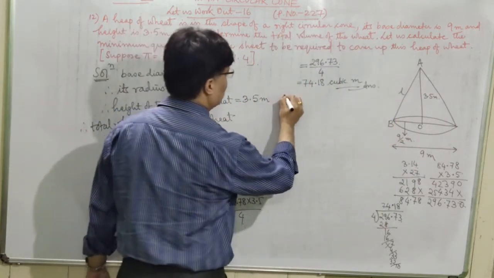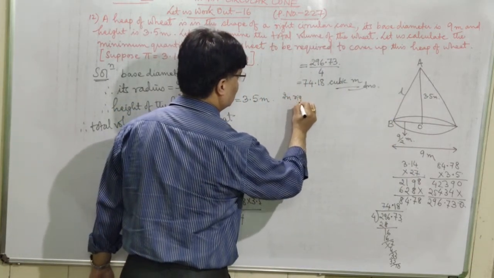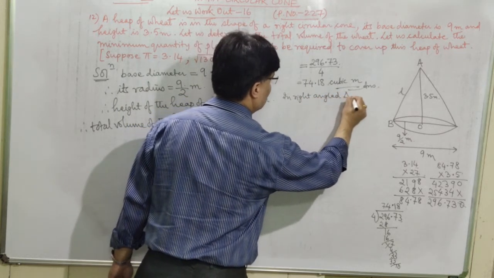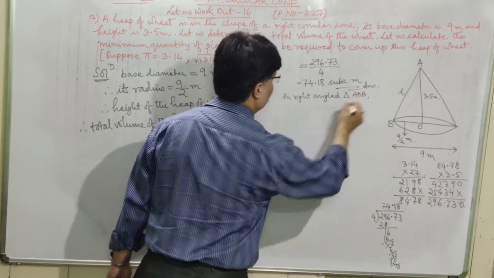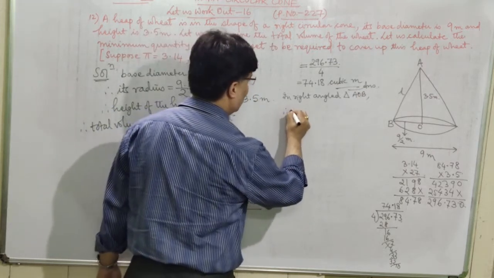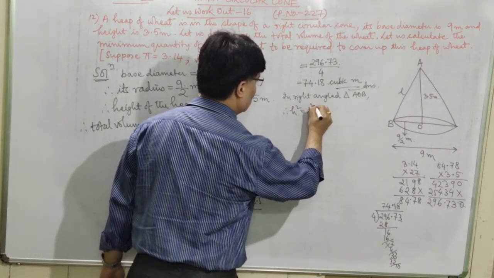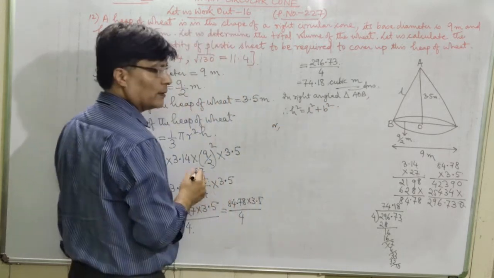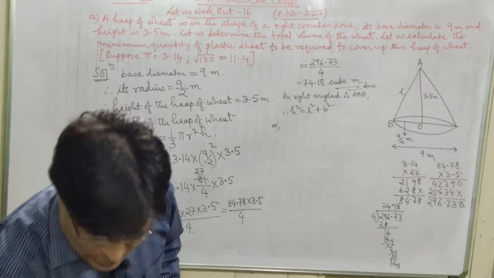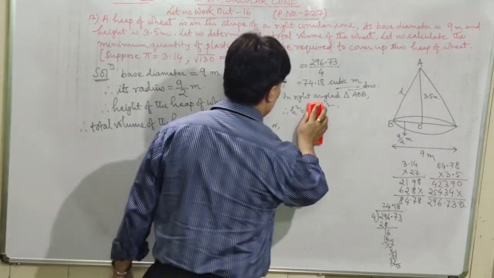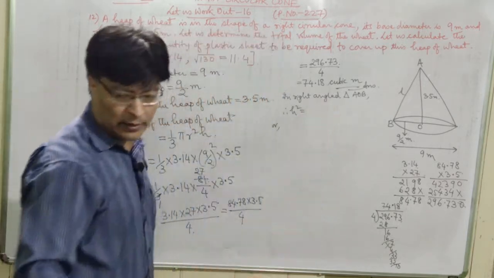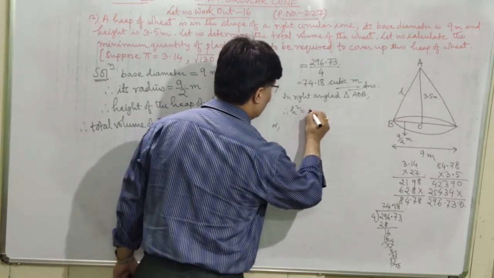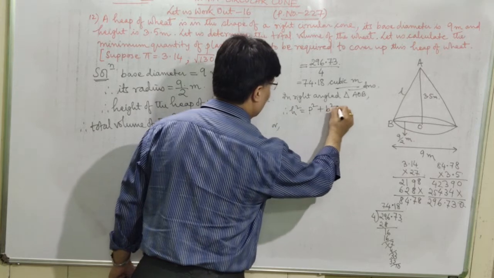So in right angle triangle AOB, we have hypotenuse whole square is equal to P square plus B square, right?